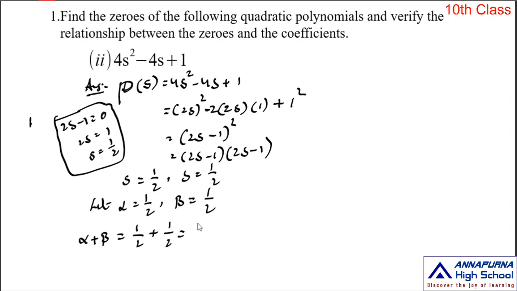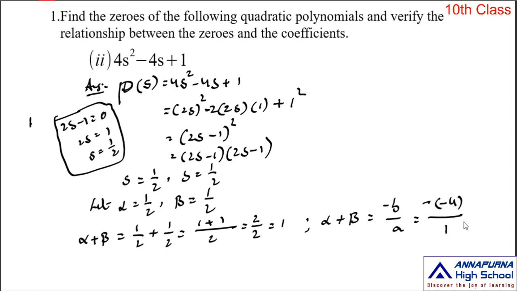Here LCM is 2 and numerator is 1 plus 1, so it is equal to 2 by 2, which is 1. From the polynomial, sum of the zeros, alpha plus beta is equal to minus b by a. That means minus of s coefficient. Here s coefficient is minus 4, by a, 4. So it is equal to 4 by 4, which is 1. Same answer.